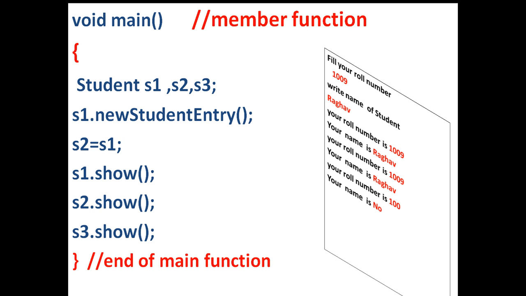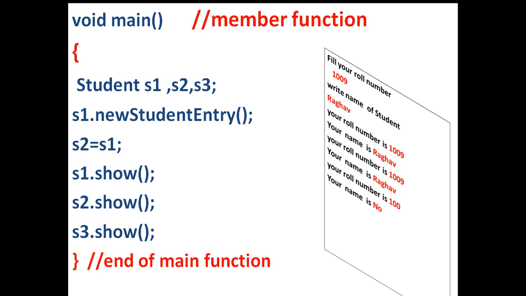So here we have taken three objects. We are getting entry only for S1. So S1 will have entered values, S2 will have copied values, and S3 will have default values that have been stored by the simple constructor.